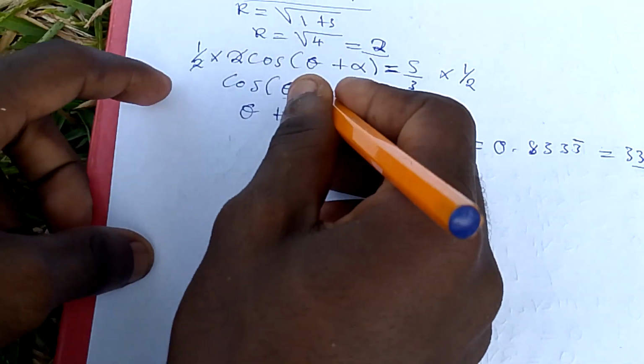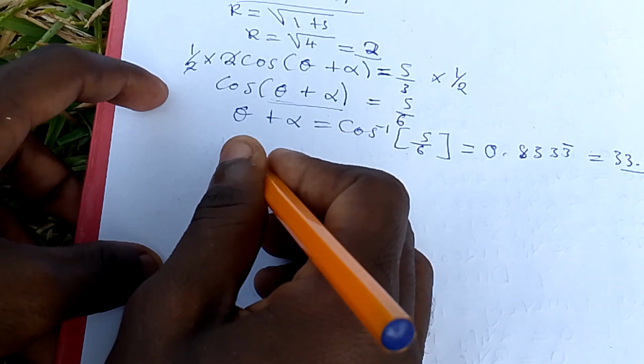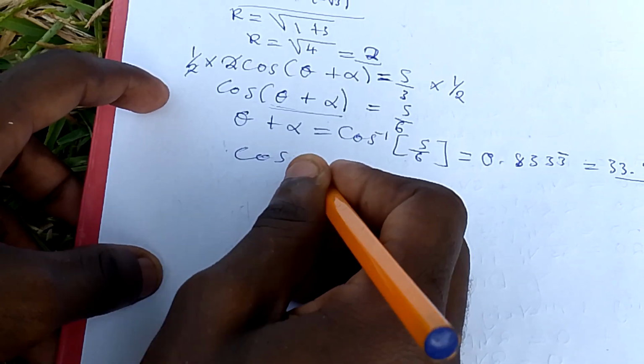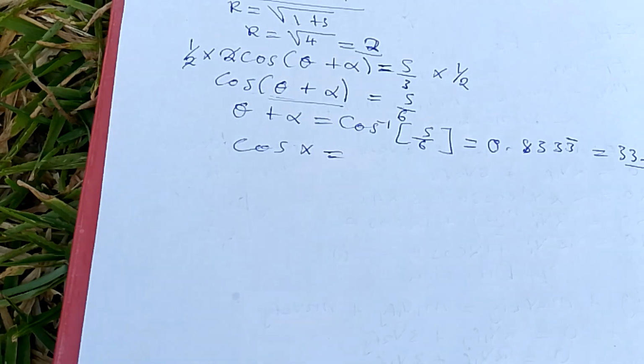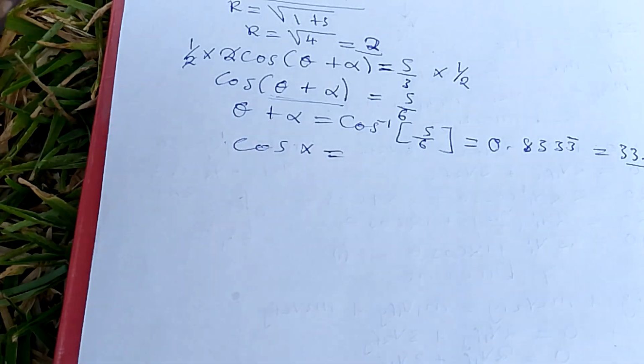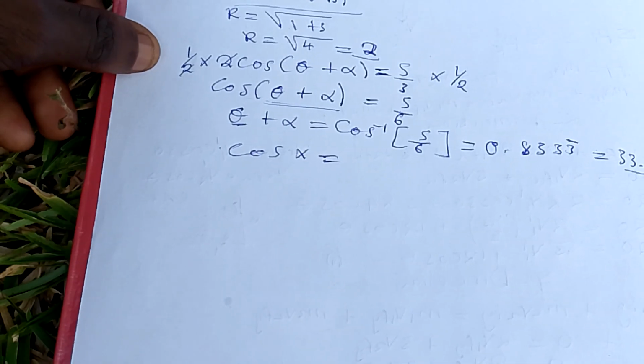So now remember, we can let this one be x, so that cos x equals that value. Our goal is to find theta.